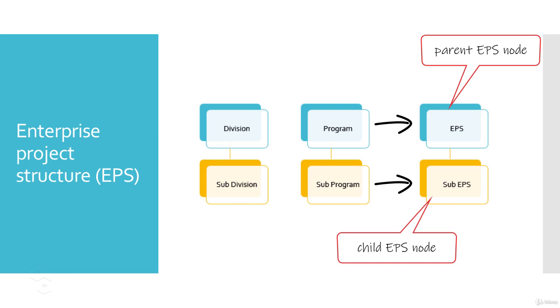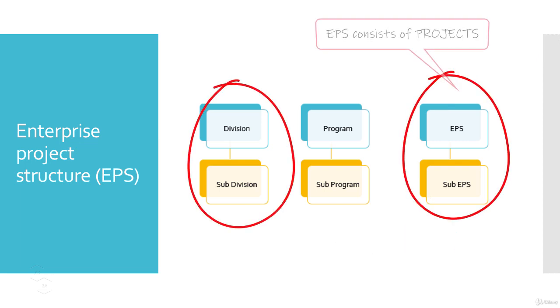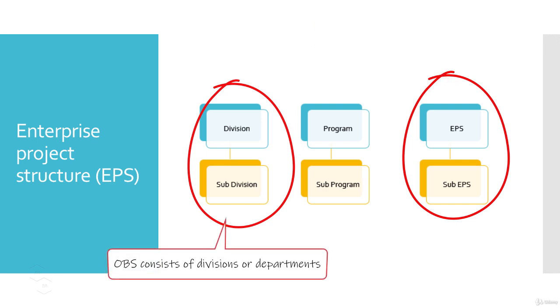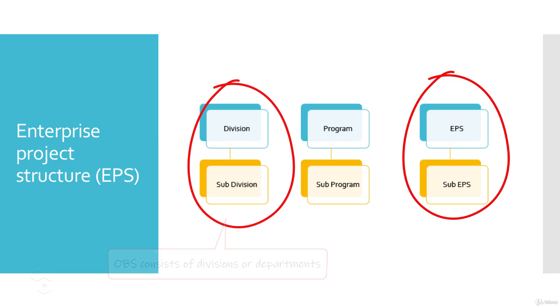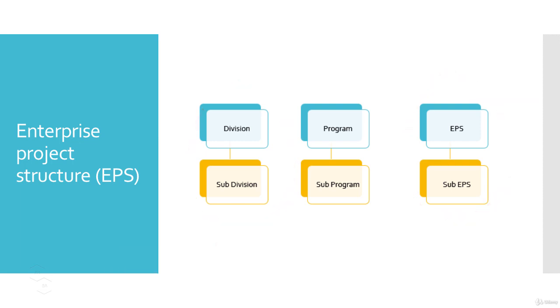So remember that EPS always deals with a group of related projects, while the OBS, on the other hand, talks about the people that are responsible for managing the project. And that means EPS consists of projects and the OBS consists of the divisions or the units within a certain organization that are responsible for managing their projects.